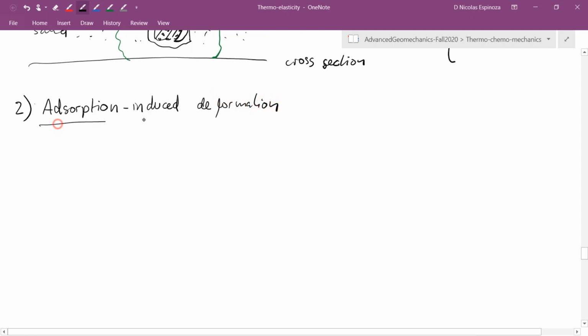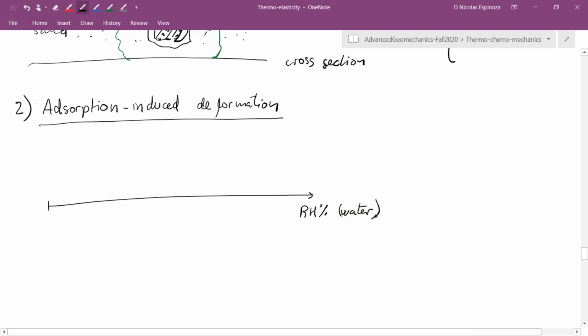And it's something that most of you have faced already in your regular day-to-day life. What happens when relative humidity increases in the air? And of course, we're talking about water. Your hair is going to change shape. At very low relative humidity, the hair tends to stay straight.